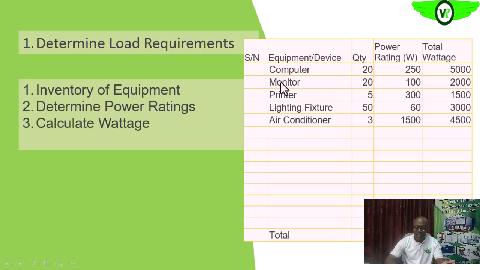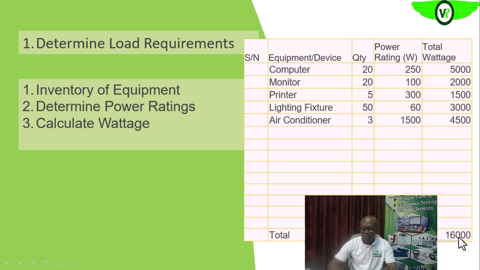You have the computer, the monitor, the printer, the lighting and the air conditioner. These are the quantities that you have. Then these are the individual wattage ratings or power ratings of the equipment that you want to power. Then these are the totals. Here we have the sum total.